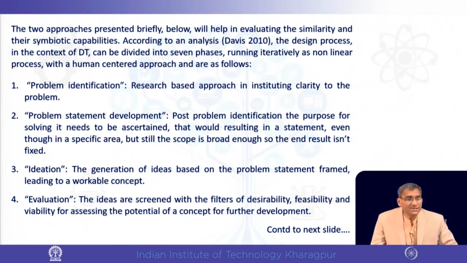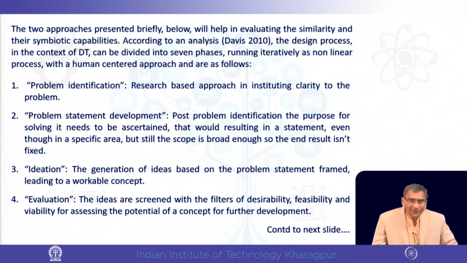The design process in the context of DT can be divided into 7 phases according to Davis, and those steps are listed here below. It is in this slide as well as in the next slide, total 7, 4 here and 3 in the next slide that will appear.